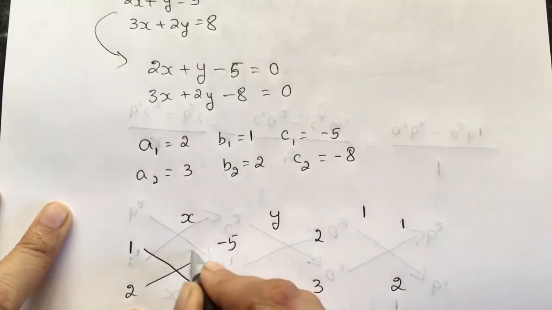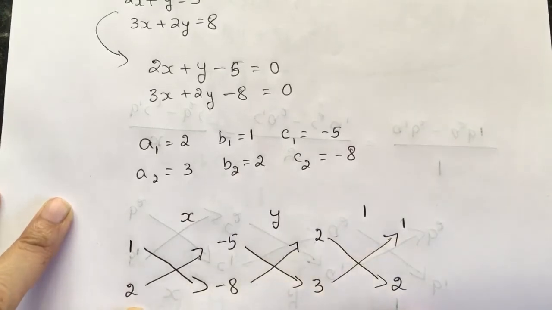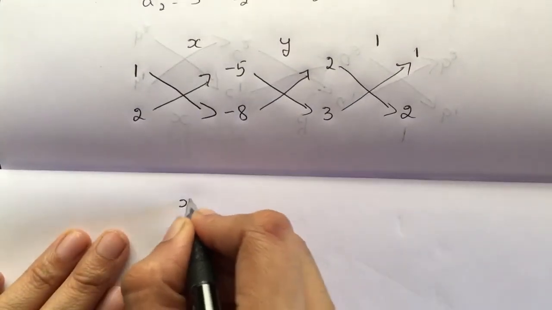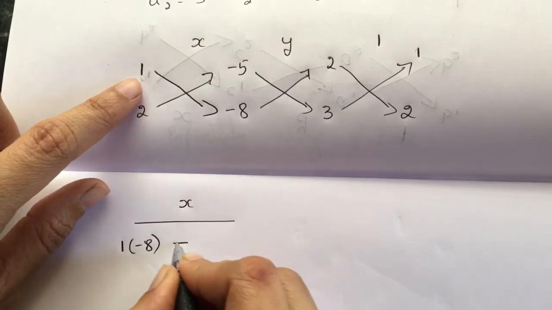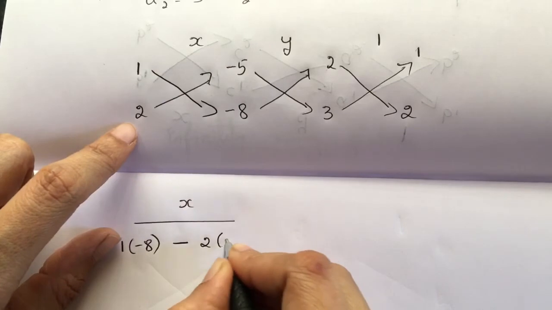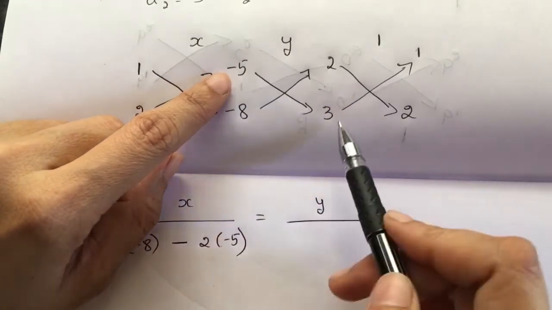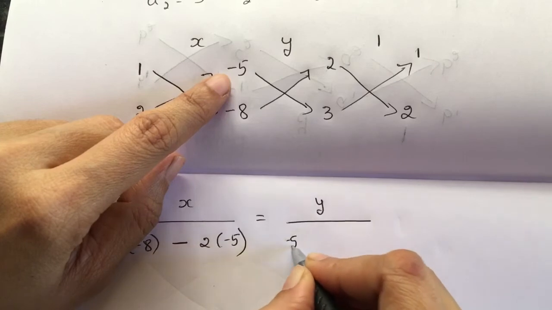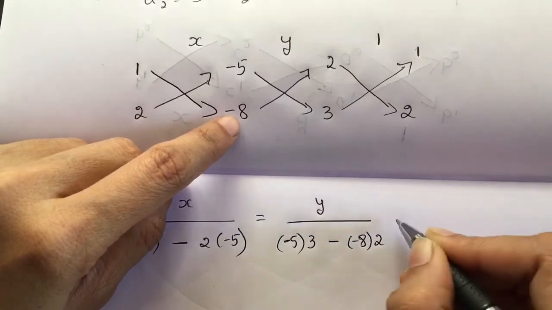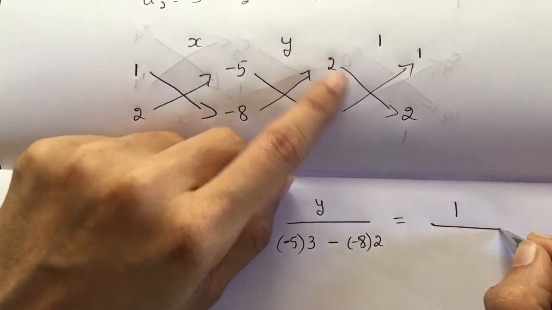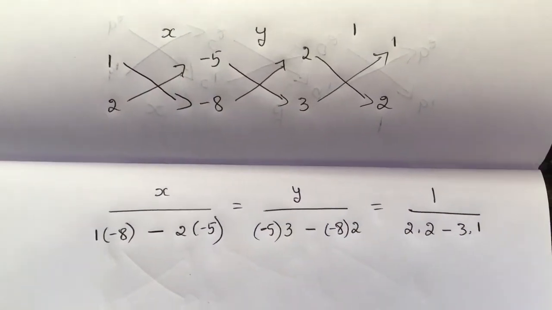Take it up like this. x divided by b1 c2, so 1 into minus 8, minus c2 b1, so 2 into minus 5, equal to y divided by c1 a2, minus 5 into 3, minus 8 into 2, equal to 1 divided by 2 into 2 minus 3 into 1. Hope it is clear.